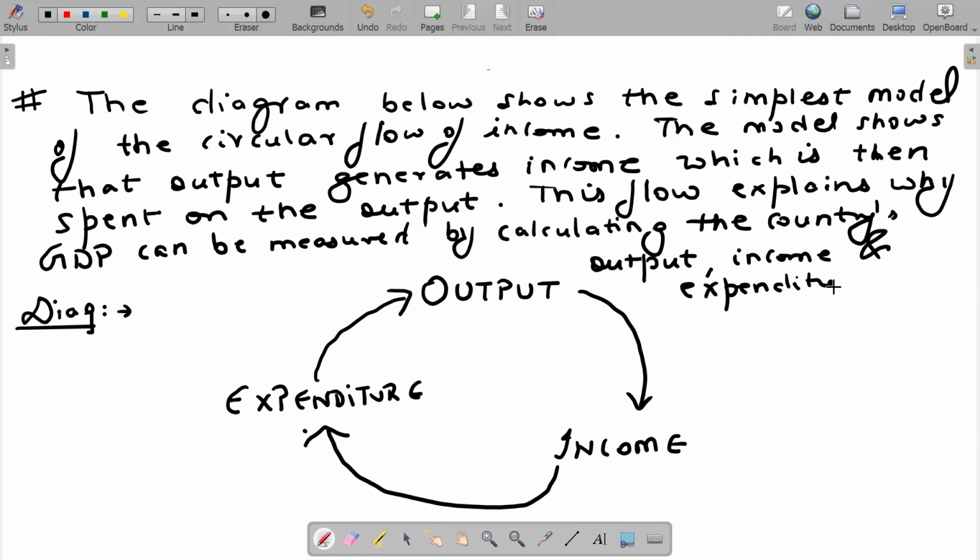This flow explains why you can measure GDP to calculate the economy's output, income, expenditure.